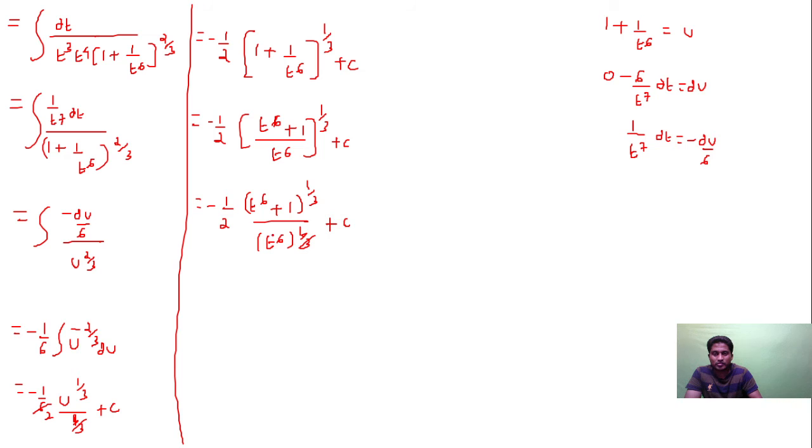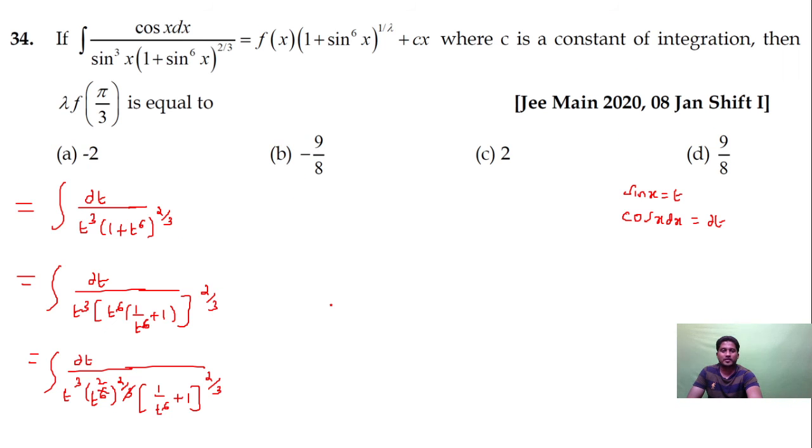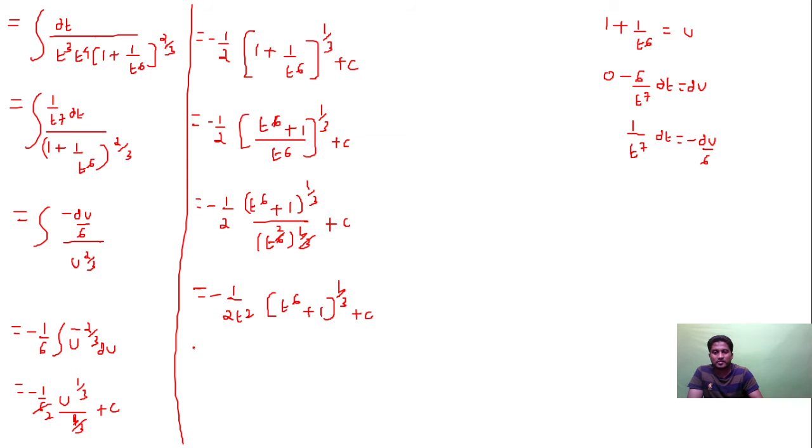So this will cancel 2 times. You get minus 1 by 2t square into the bracket t to the power of 6 plus 1 whole to the power of 1 by 3, and plus c. Now what is the value of t? t is equal to sin x, right? So this is minus 1 by 2 into sin square x.